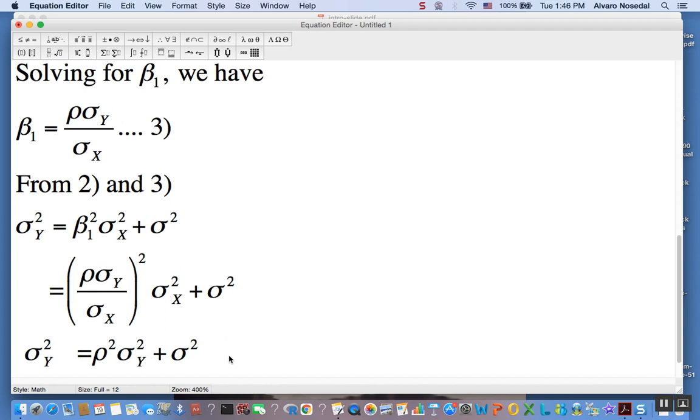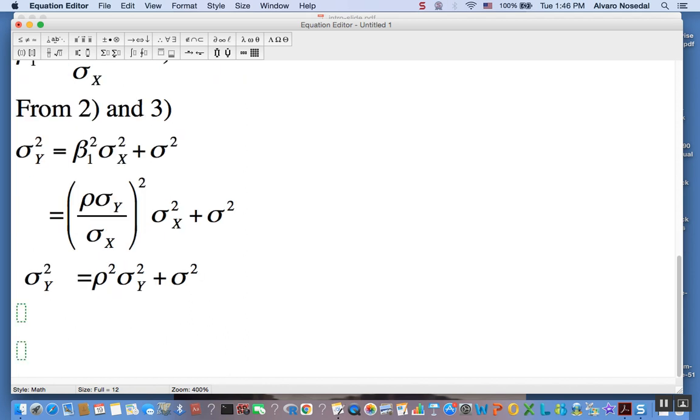Now note that if we divide both sides of this expression by the variance of y, sigma square sub y, we end up with this.